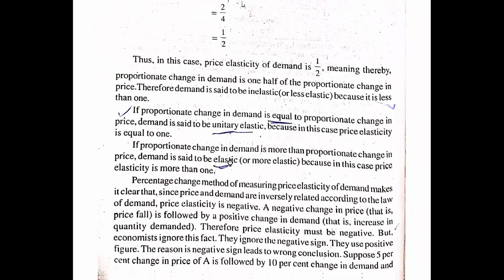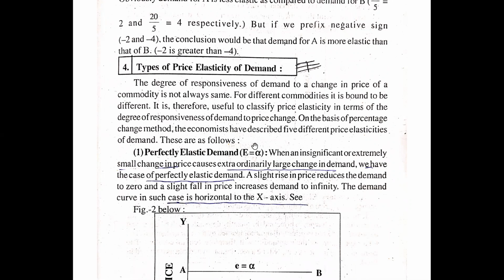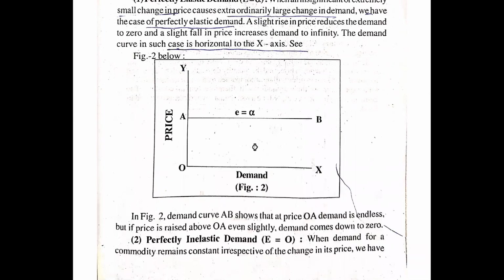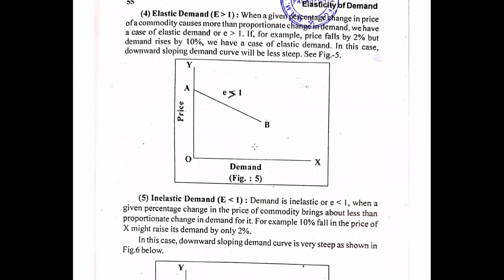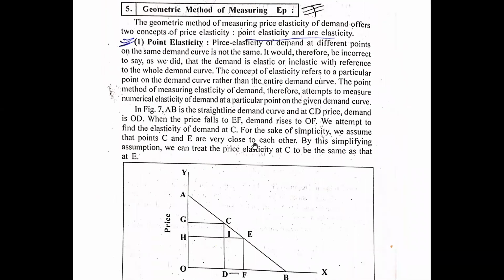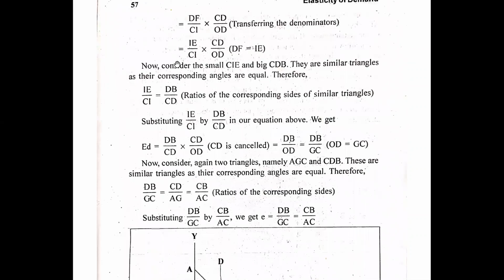After that, we discussed types of price elasticity of demand. Under that, we discussed perfectly elastic demand, and there are five different types of price elasticity of demand. Then we were discussing point elasticity and arc elasticity.